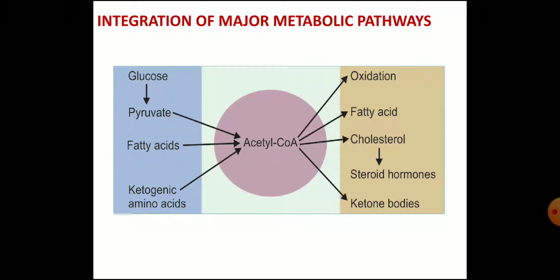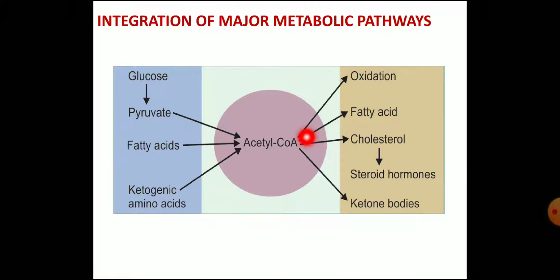Now, integration of major metabolic pathways. We have studied the sources of acetyl coenzyme A, right? From glucose, fatty acids, and ketogenic amino acids, acetyl coenzyme A is formed. Now, how is it interlinked with the other metabolic pathways? Acetyl coenzyme A is oxidized in the TCA cycle, that is what we have studied. Then it can be used for fatty acid biosynthesis.